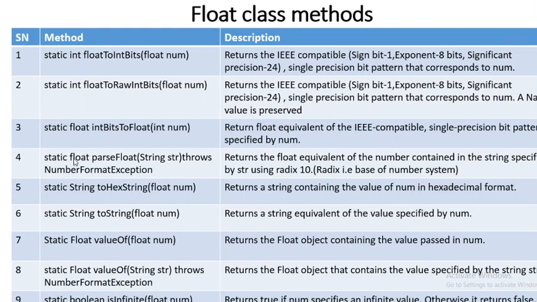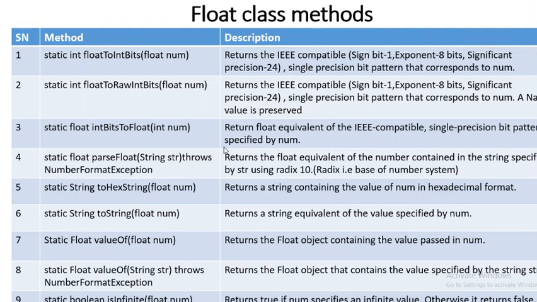Next is static method. Return type is float. Parse float in bracket string str throws number format exception. Returns the float equivalent of a number contained in the string specified by str using radix 10, radix that is base of number system.